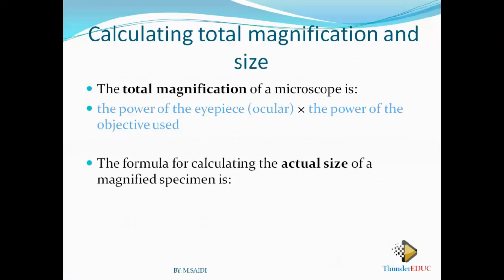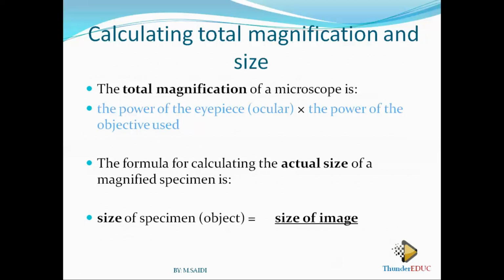We will have a specific class for this. Then you're saying the formula for calculating the actual size of a magnified specimen. The actual size of the magnified specimen is equal to the size of the image. Now you know the size of the image: you are given a paper, and they will say that this is the size of the image. If it is not calculated, they will give you a scale.